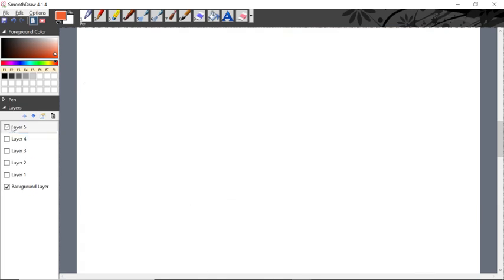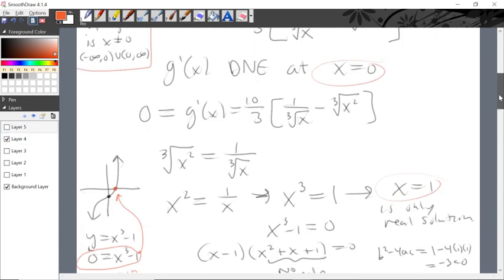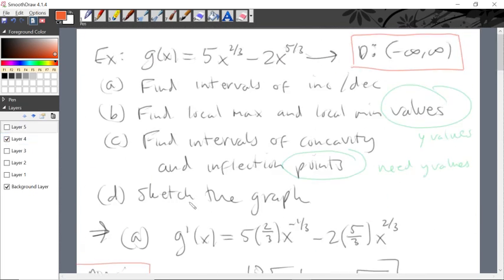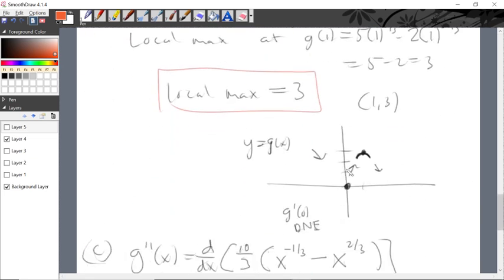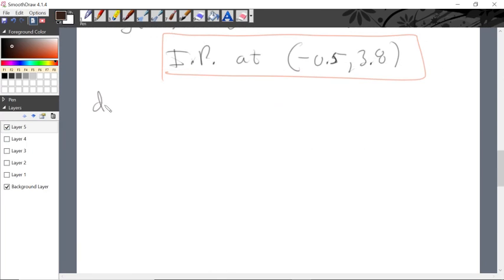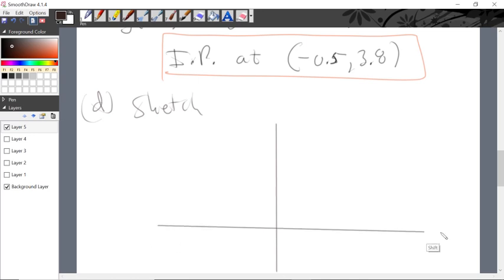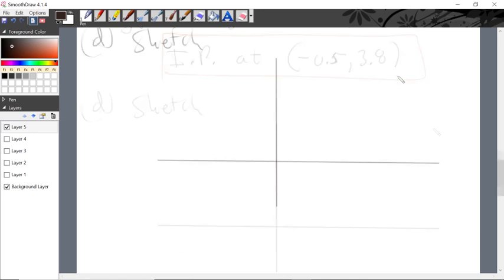All right, so we now have intervals of concavity listed. We also have the inflection points. We can do a sketch of the graph. In fact, we were working on a sketch of the graph earlier. Here's what we had, and now we can continue with that. D, a sketch. y equals g of x.